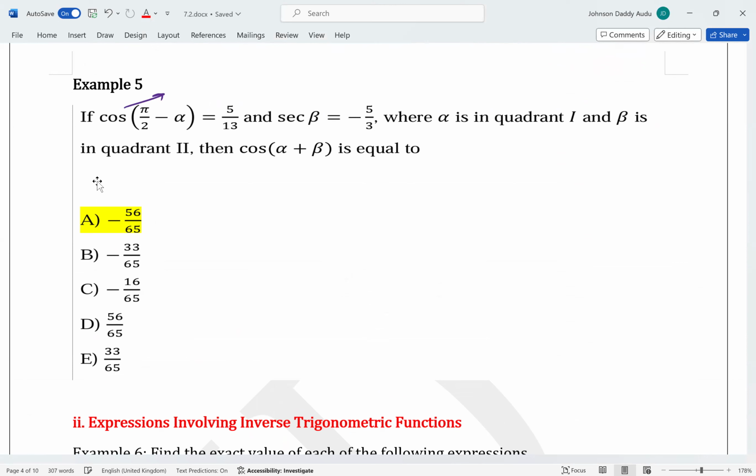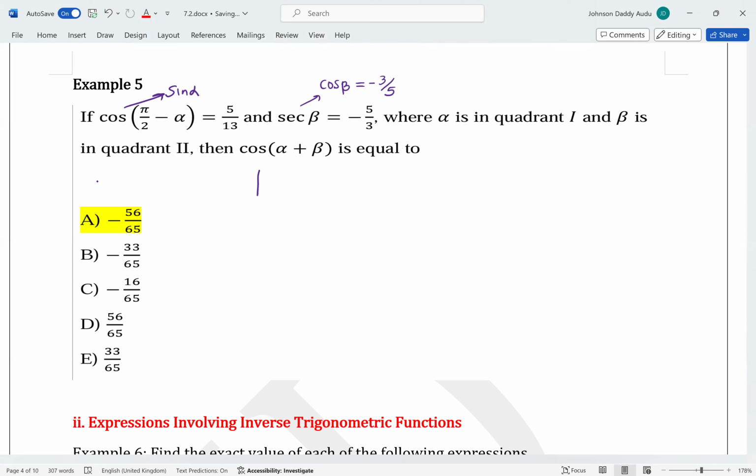What is the meaning of this? This is using your co-function identity. This is just telling us that sine alpha is this one. And we're told that sec beta is this. So it means that cosine of beta is minus 3 over 5, right?